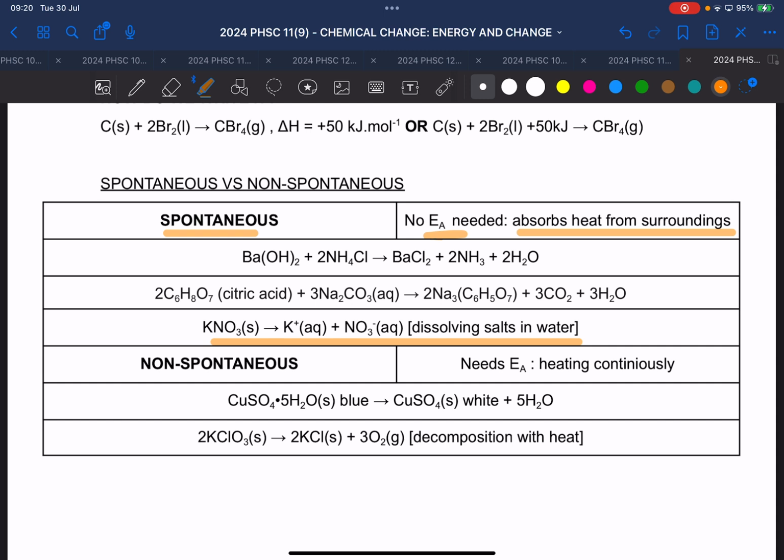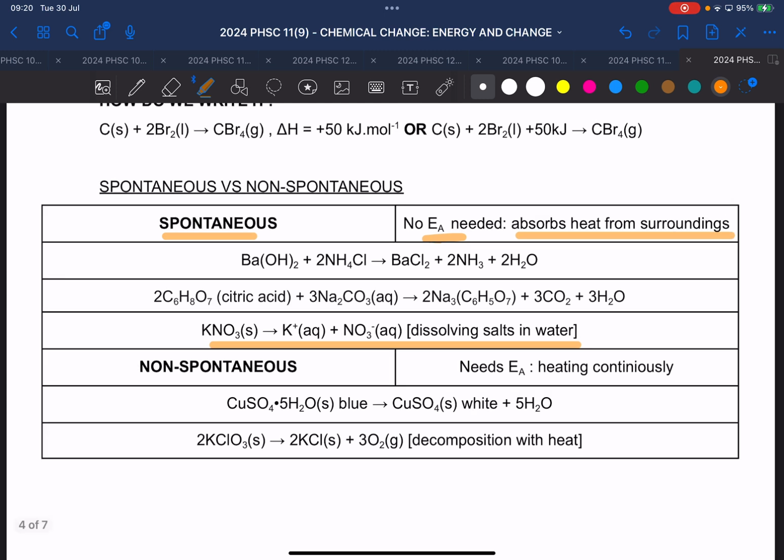And then the other one is a non-spontaneous one where you need to heat it continuously. You need to keep it going. Like, for example, hydrated copper sulfate. Here I have this. Okay? If I take this and I heat it up, then this water here will evaporate.